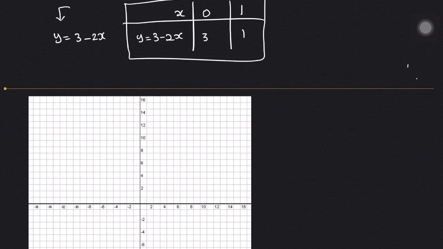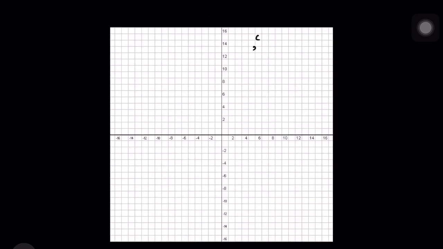So x is 0 means y is equal to 3 and x is 1 means y is equal to 1. The first point, 0 comma 3, so this position.